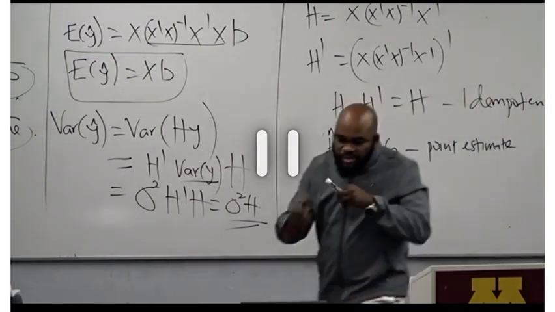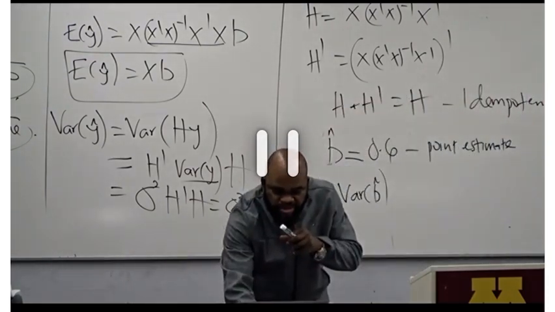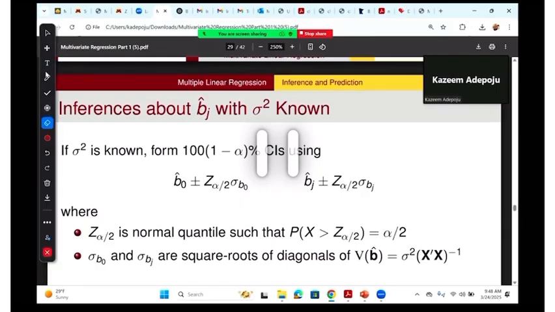Right now, if I have an intercept, I don't want a point estimate of the intercept. I want an interval estimate of the intercept. The interval estimate will provide us an opportunity to know how reliable the estimate is. Take a look at this. If you focus on only this, that's a point estimate.